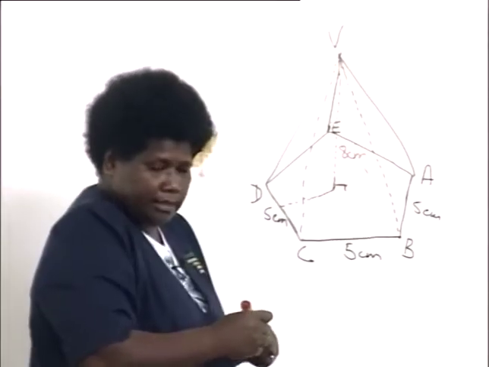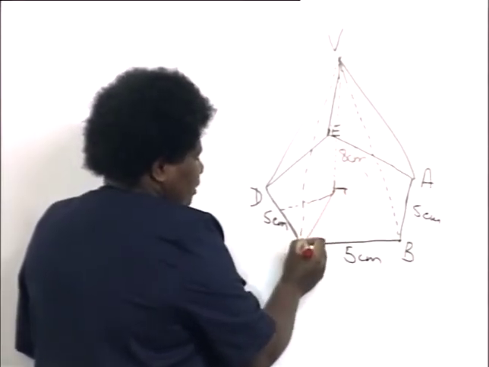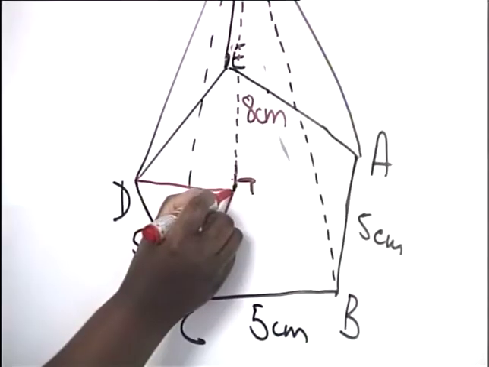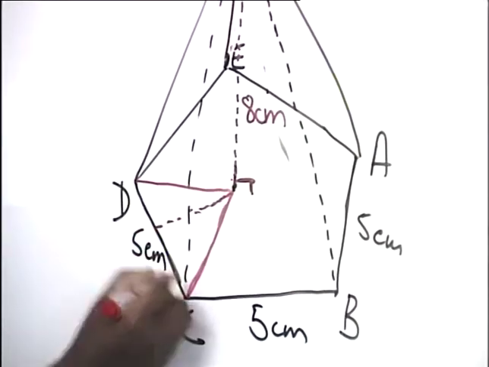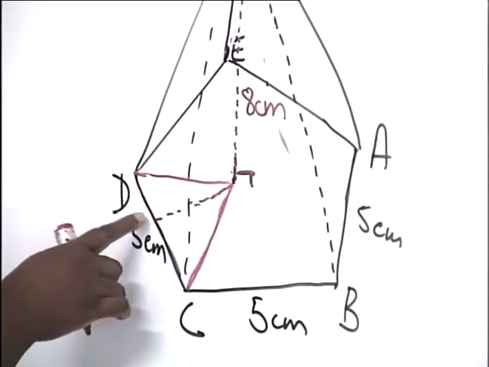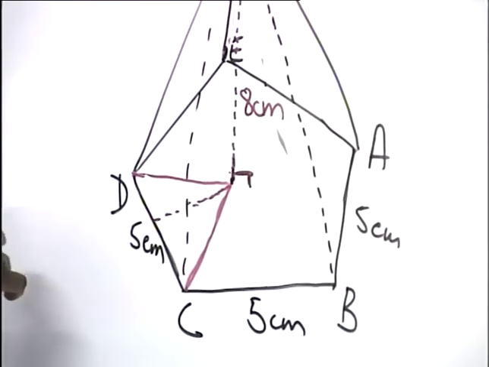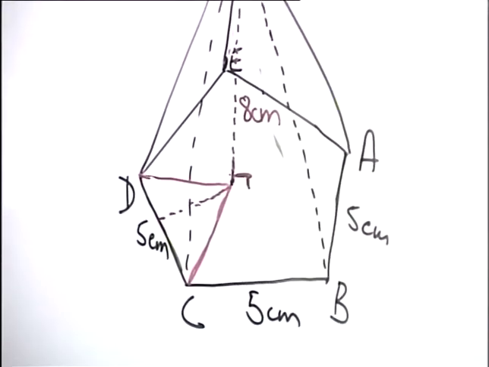Okay, to do that, from the center I have to draw a line to the vertex C or D. Note that VD is exactly the same as VA, so we can find VD and it will be equal to that.